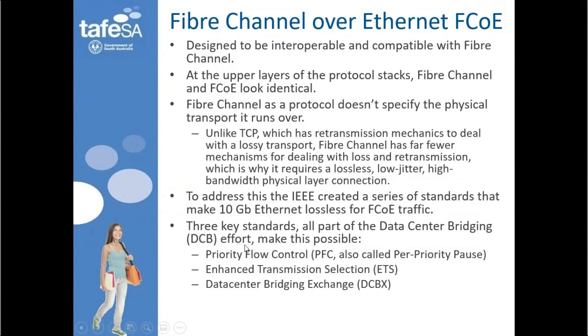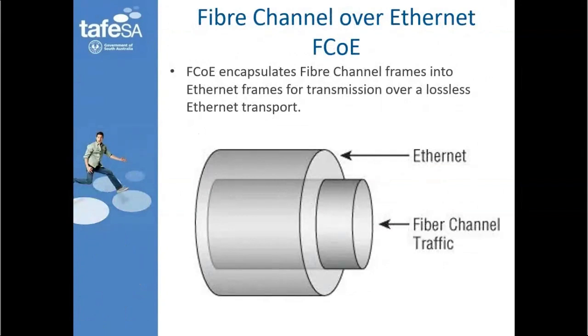So these things basically work underneath to replicate what the Fiber Channel protocol is expecting. So, like I said, encapsulation. The Fiber Channel traffic, the instructions for reading and writing to the storage array, is in here, but then it's encapsulated in now Ethernet.